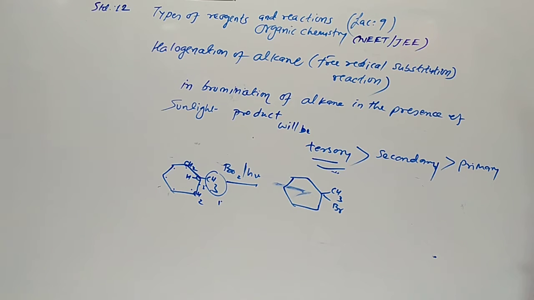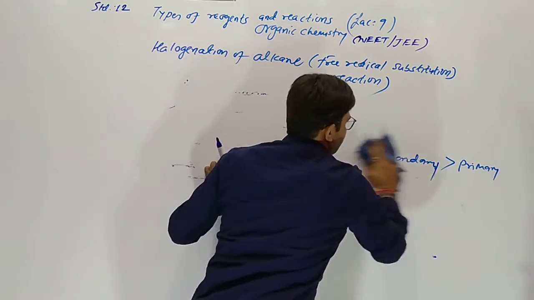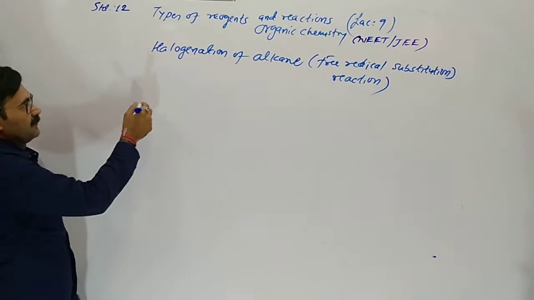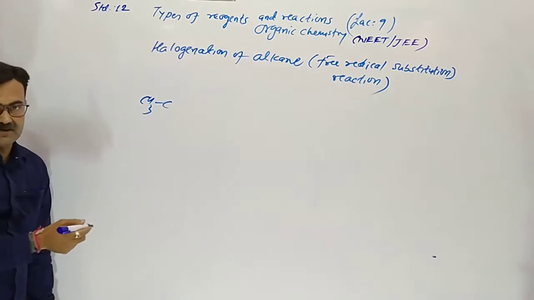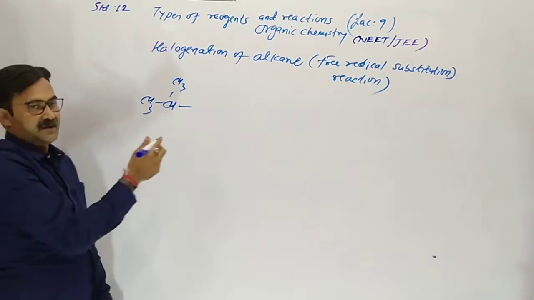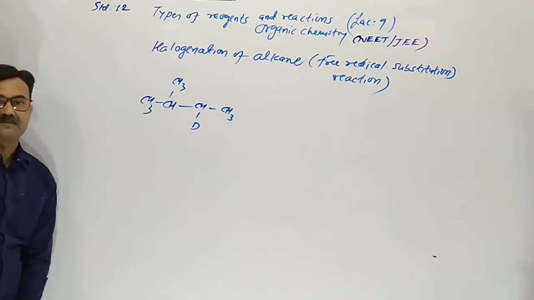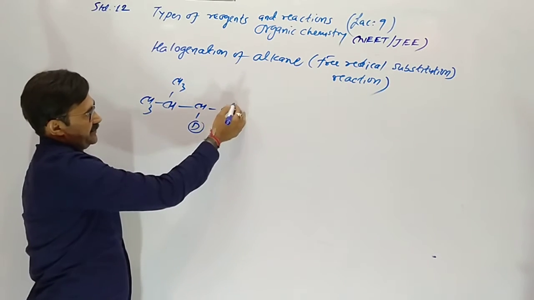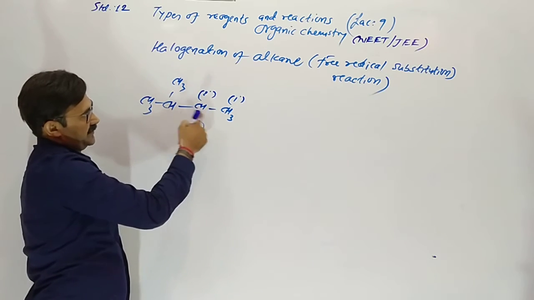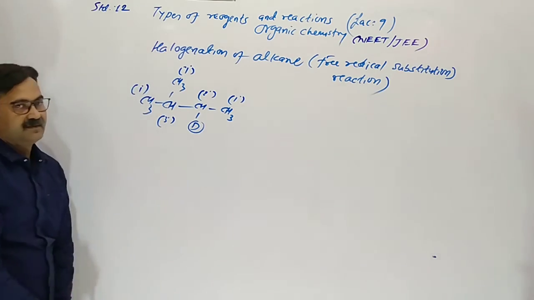Now find out the intermediate of the compound. This type of question is also asked. CH3, CH3, then CHD and CH3. First of all, this is deuterium, primary. Carbon connecting one is secondary, tertiary, primary and primary.